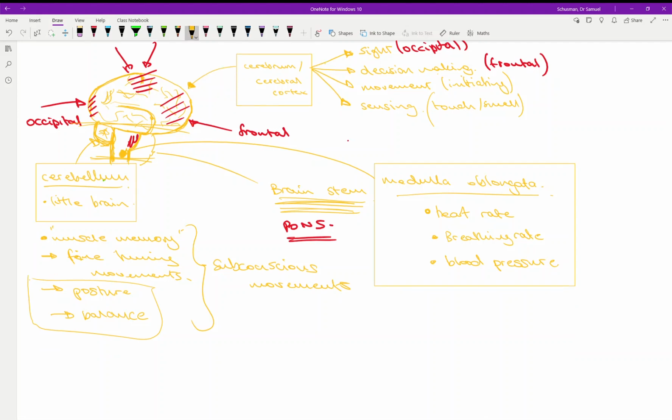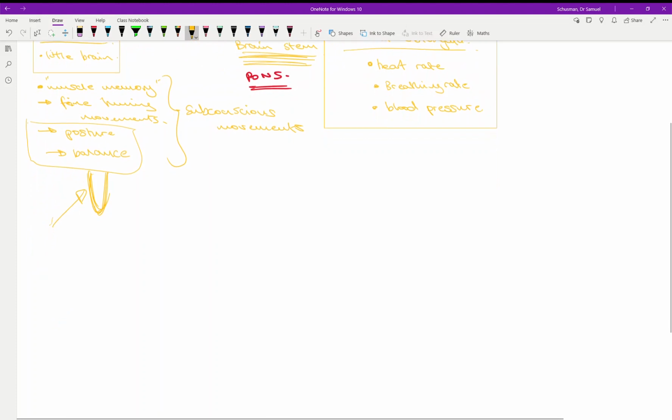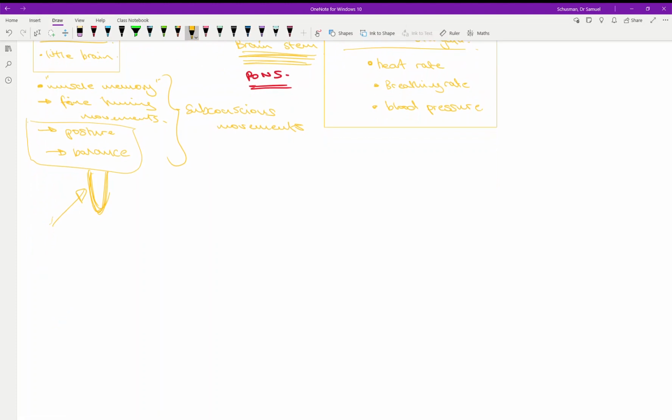Then I'm going to draw it all the way down here. The part of your central nervous system that descends down your vertebrae, down your backbone, is known as your spinal cord. And your spinal cord is involved in reflexes, so muscular reflexes. For example, when the doctor hits you on the knee, those signals don't go up to your brain.